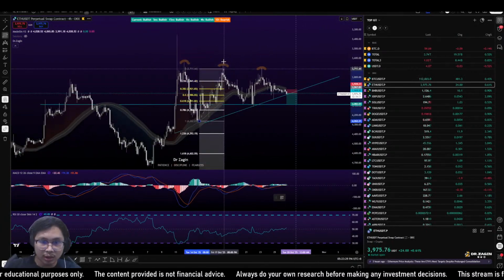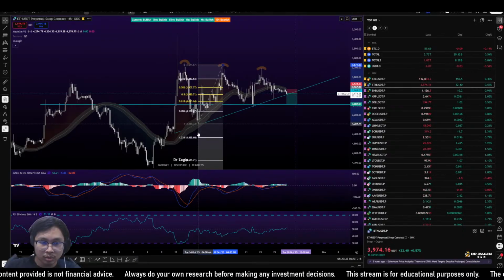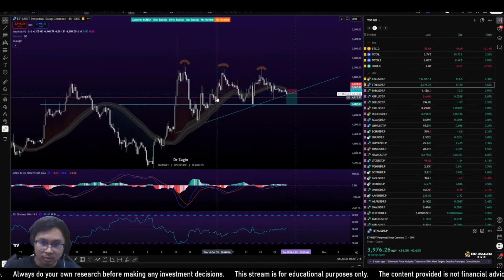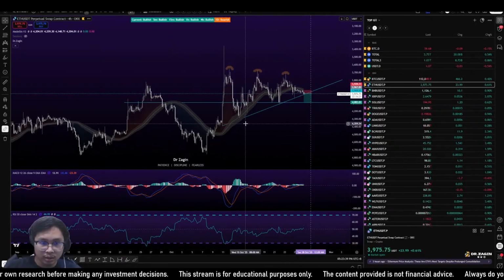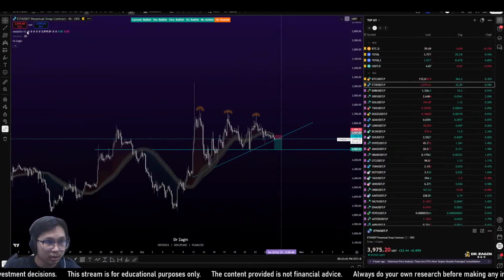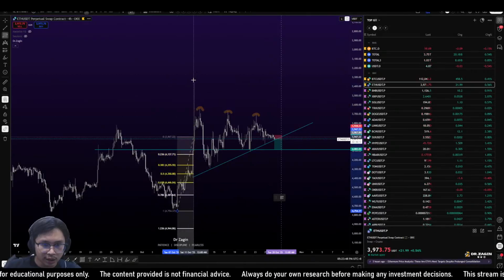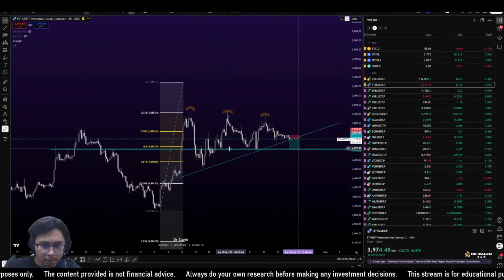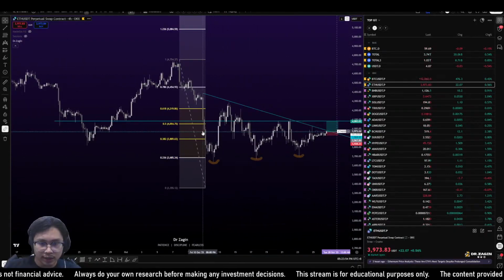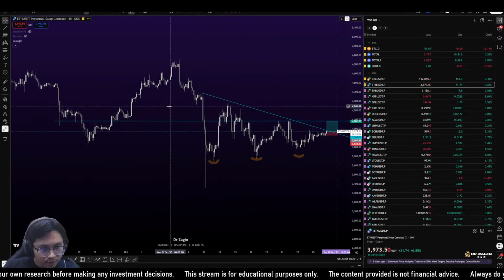If I get this swing low, I'm basing my exit point on price reaction. So if I get this swing low to swing high, doesn't look good, guys. Doesn't look good. Doesn't make sense.